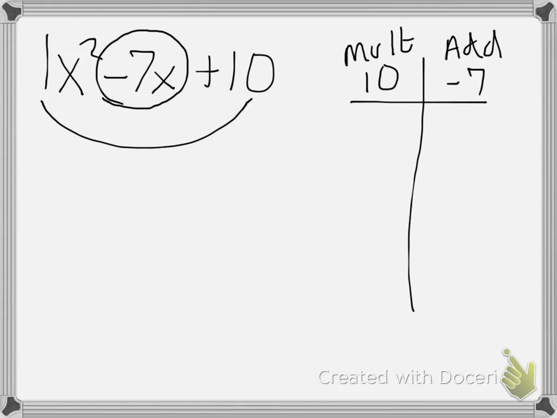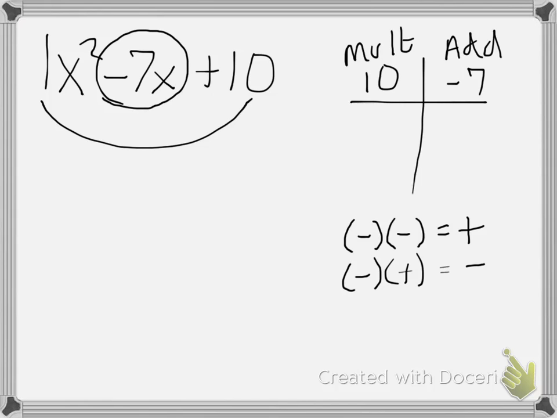So if you're going to talk about two numbers that multiply to a positive but add to a negative, if you think about back when you learned integers, you know that a negative times a negative makes a positive, and a negative times a positive makes a negative. So if they're different signs, they're negative.